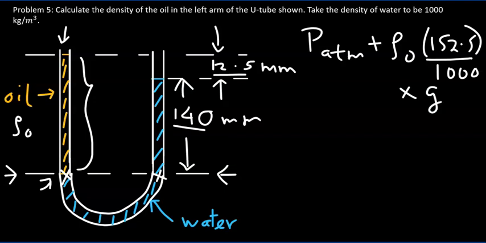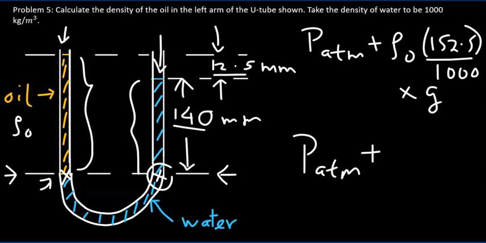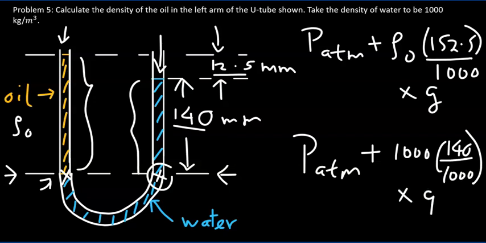Now the pressure on the right hand side, on the right column, which means here, is again given by the atmospheric pressure that's present on the surface of the water, which is P atm, plus the pressure due to this water column, and that is the density of water, which is 1000, the length of the water column, which is 140 mm, converted into meters, so we divide that by 1000, times gravity.